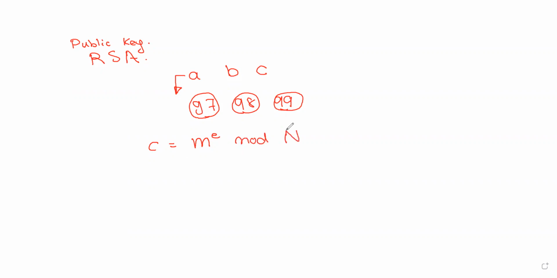Let's handle them one by one. So let's go from the right, okay? In order for public key encryption to work, there's got to be a number, a capital N. And it's going to be a very huge number. That's a requirement. And it can't be any number.